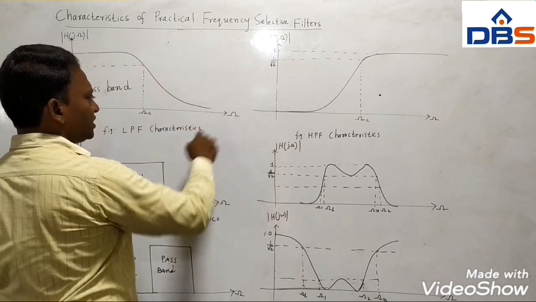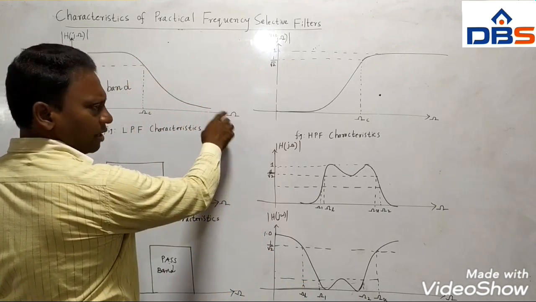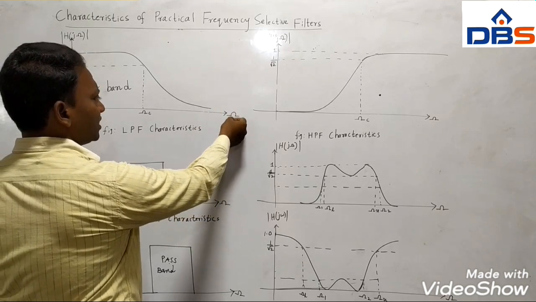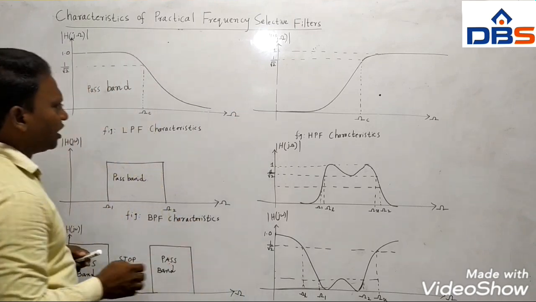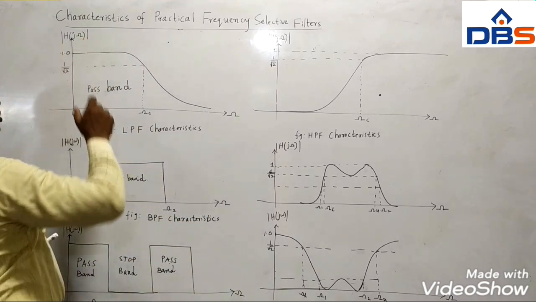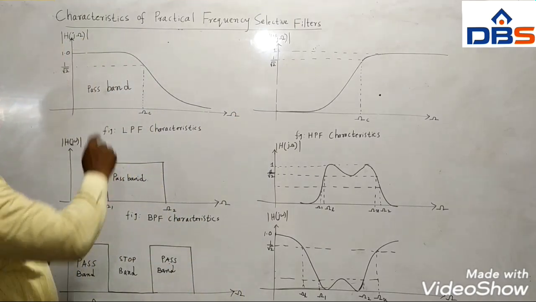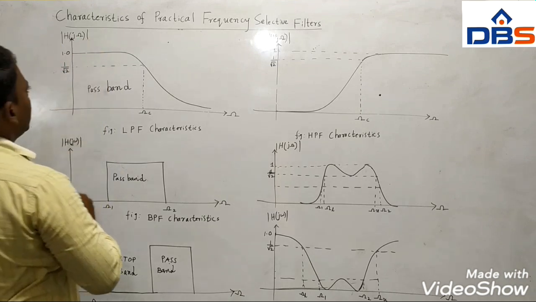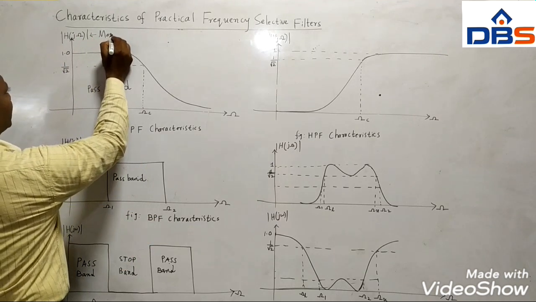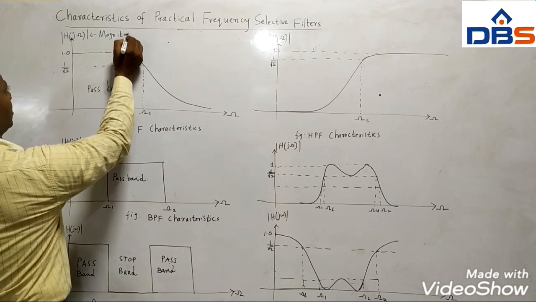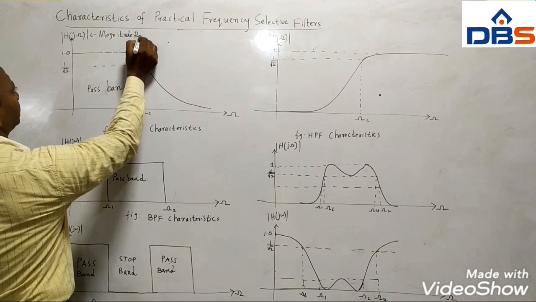This omega represents the analog frequency, and this |H(jω)| is the magnitude response of the filter or system.